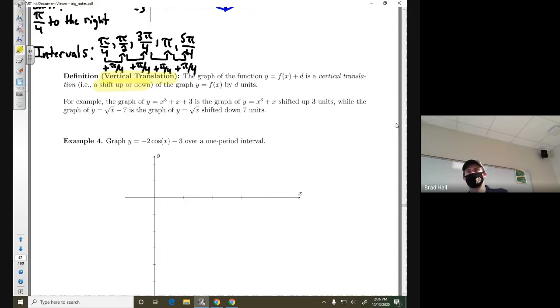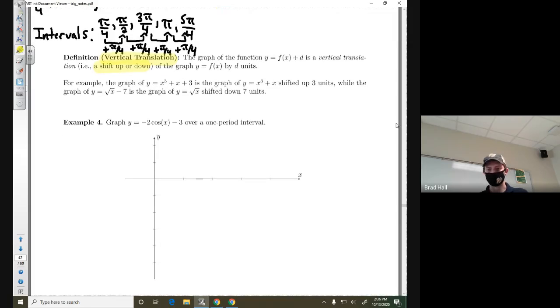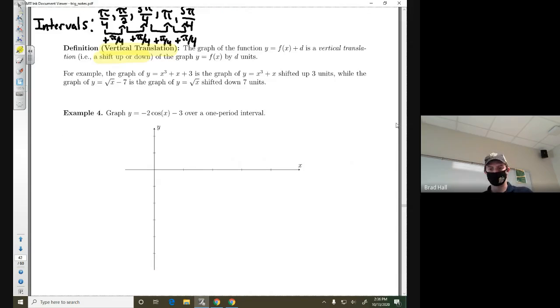Because if the amplitude is 1 and -1, but then we start shifting up and down, well then guess what? The amplitude's not going to be 1 and -1 anymore. And you might notice by example 4 that the template I provide definitely implies that there's going to be some vertical shifting of some sort. So that graph definitely does not look like the ones that I've drawn before.